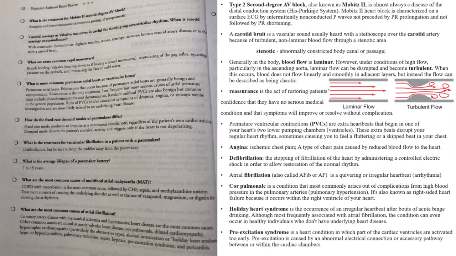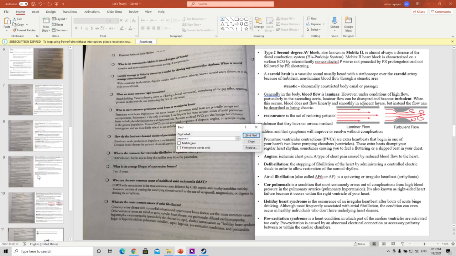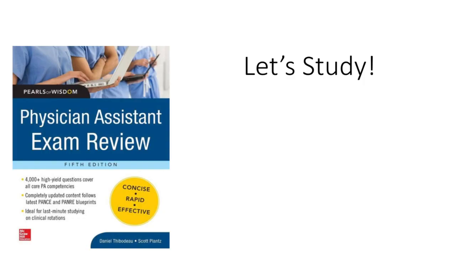What are the most common causes of atrial fibrillation? Coronary artery disease with myocardial ischemia. Myocardium, the middle layer of the heart wall.